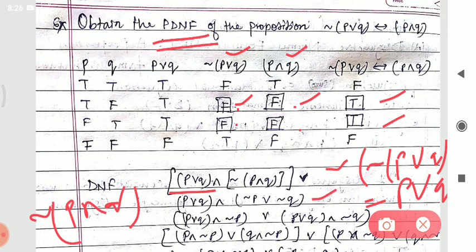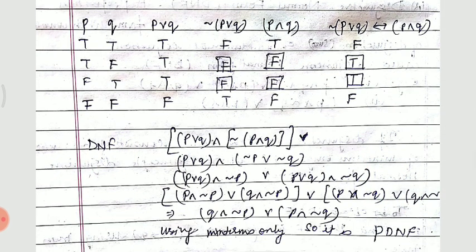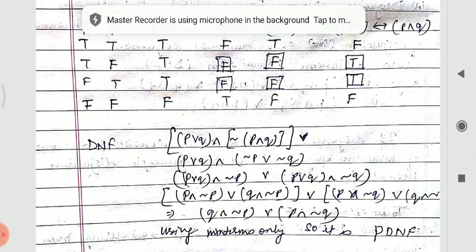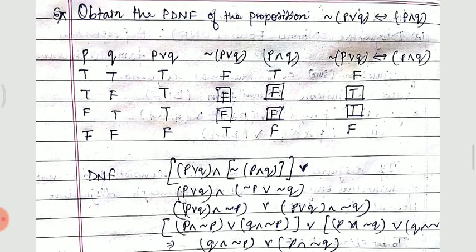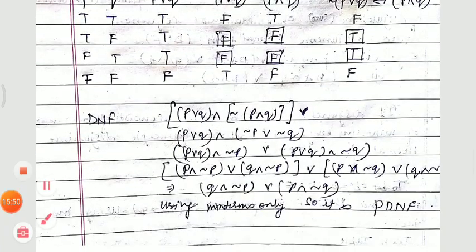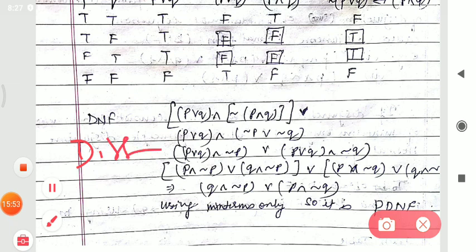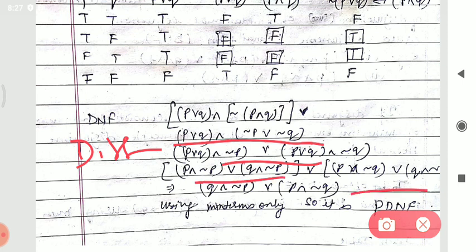Now, what we have done is not a sum of conjunctions. It is not in DNF form. So we have to use the associative law or commutative law or distributive law. Here we have used the distributive law. Look, this is the distributive law. Once it is used here, and again it is used here.